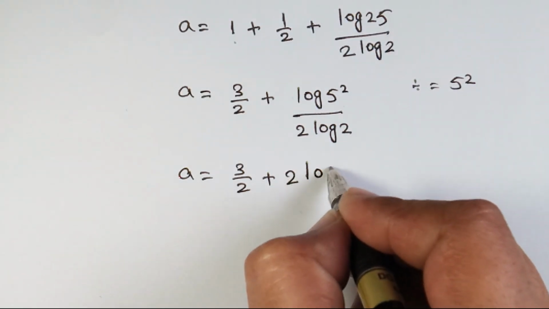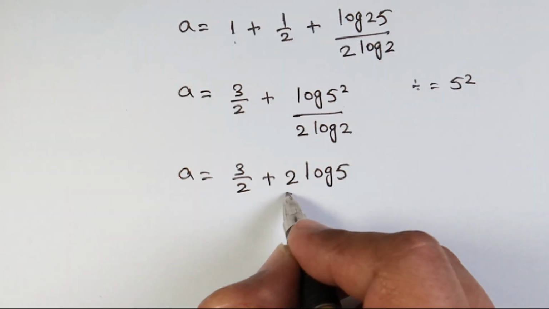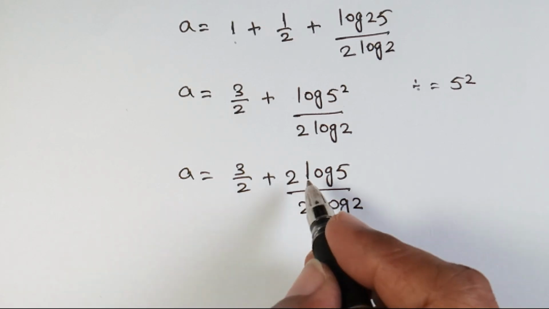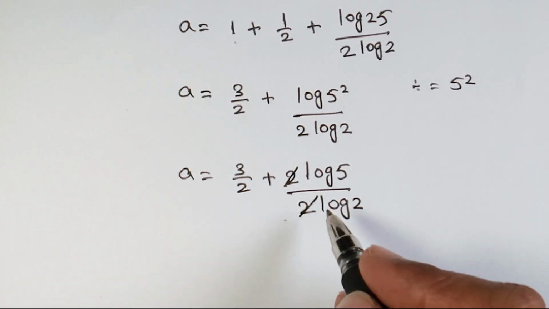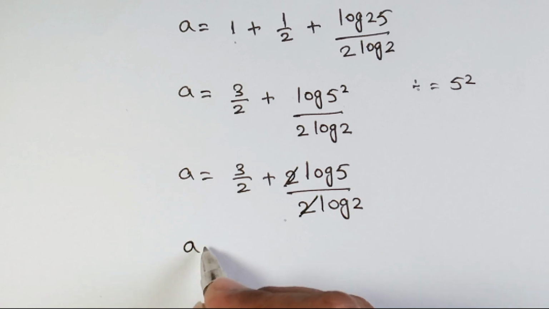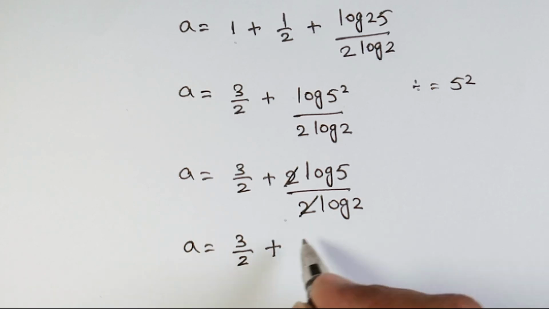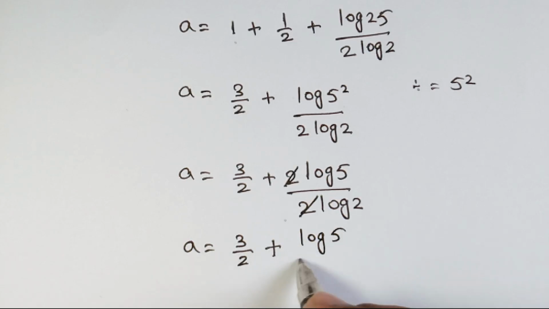So 2 log of 5 divided by 2 log of 2. So these two will cancel each other, and we have a is equal to 3 over 2 plus log of 5 over log of 2.